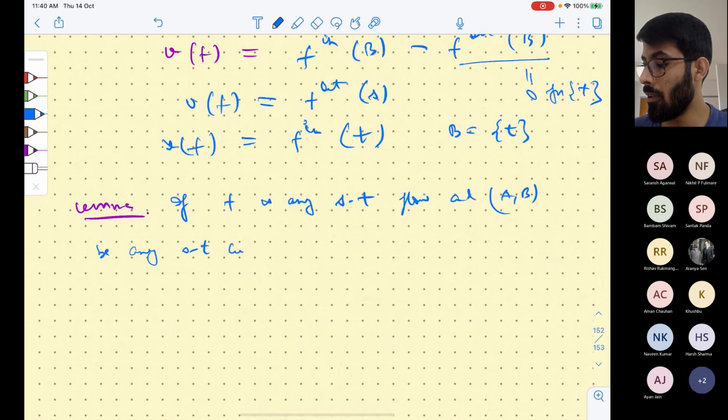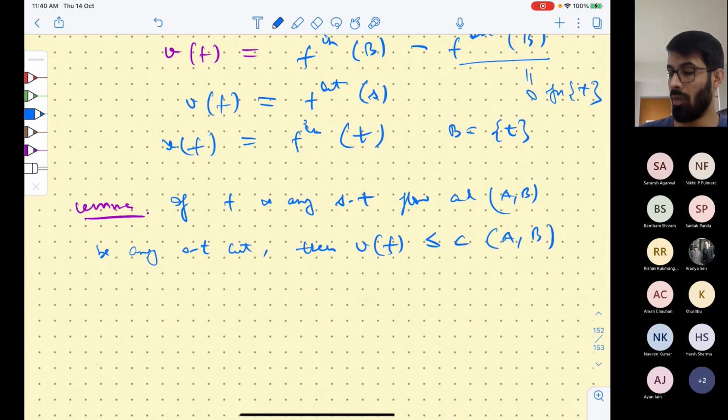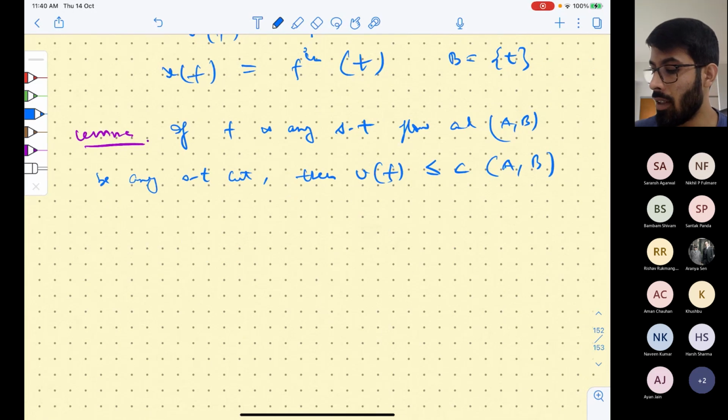Any ST cut A, B, then value of F is less than or equal to capacity of A, B, which is what we wanted to show initially, but now we are showing that formally using these things. And how do we show that? Now it's very easy. So what is the proof?